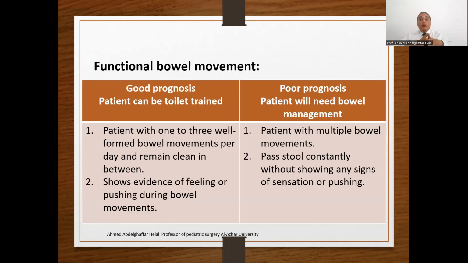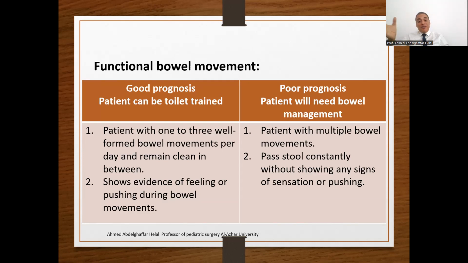The functional bowel movement is very important to understand whether we have a good prognosis for bowel control or a poor prognosis. The baby with a good prognosis is usually a patient with 1 to 3 well-formed bowel movements per day who remains clean in between and shows evidence of feeling or pushing during the bowel movement.